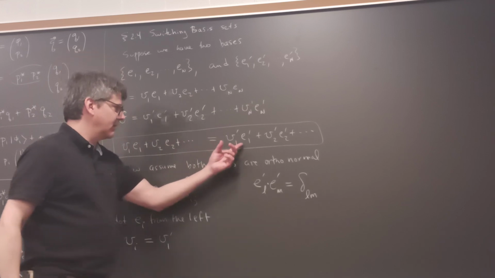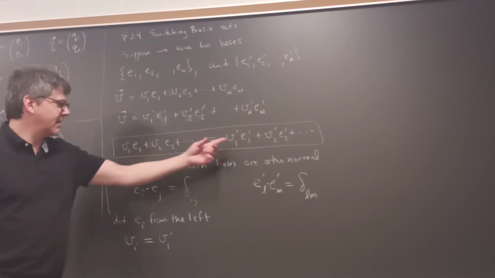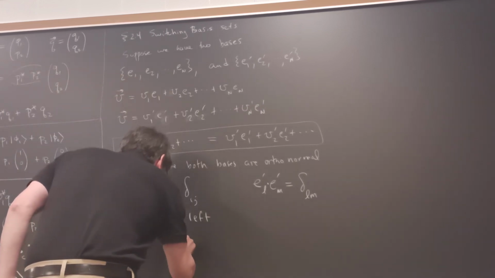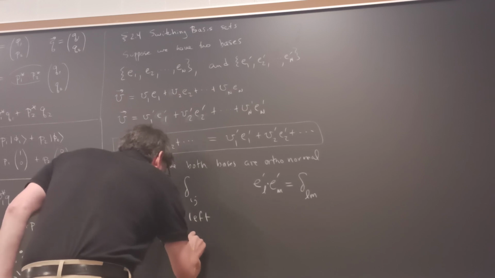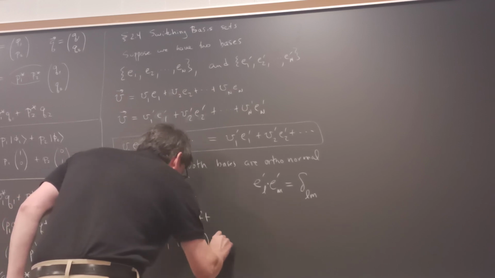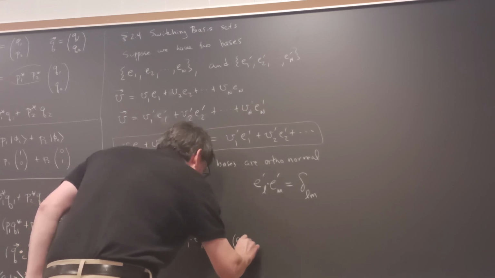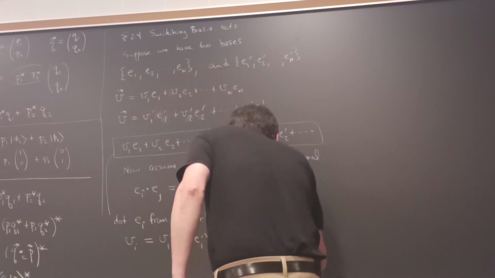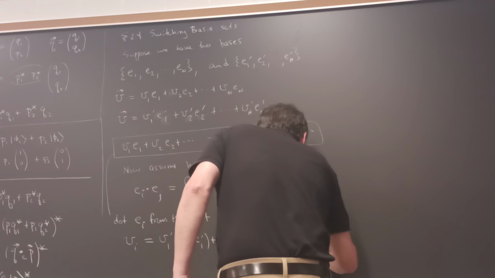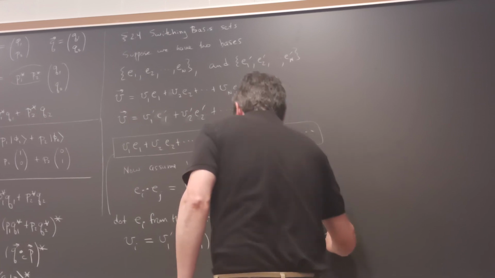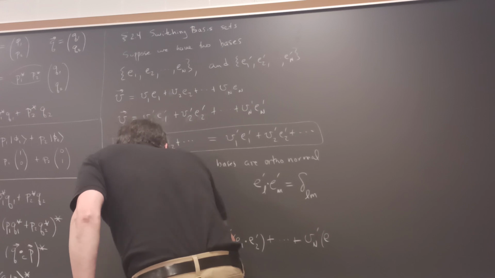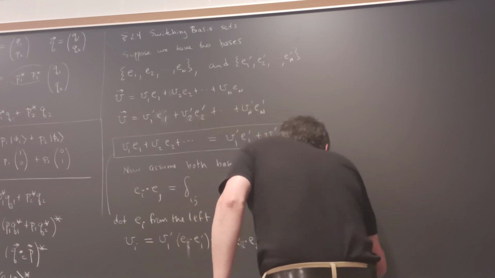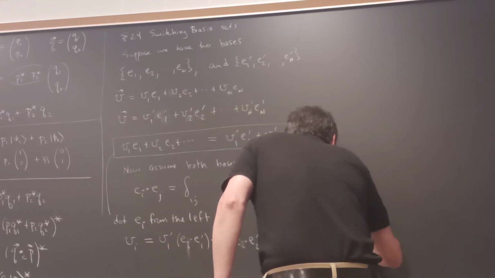And there's no reason that the prime basis set and the unprimed basis set have any particular relationship. So here we have E1 dotted with E1 prime, plus V2 prime, E1 dotted with E2 prime, plus dot dot dot, plus Vn prime, EI dotted with En prime.